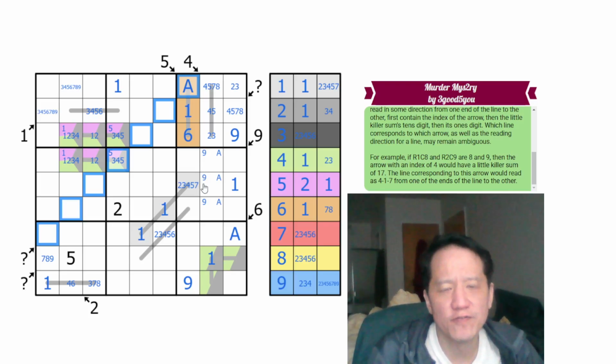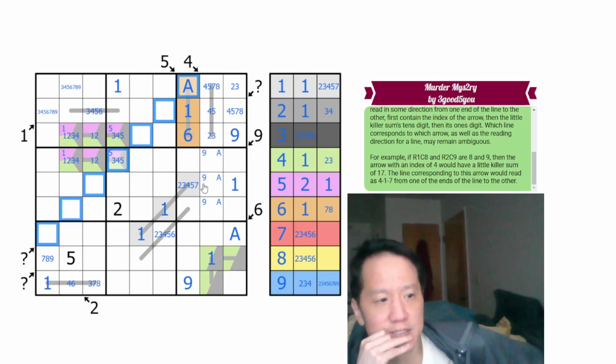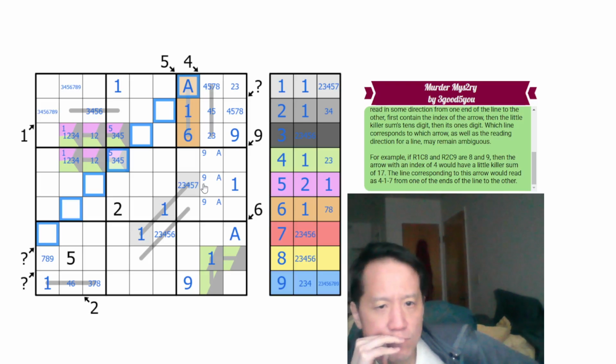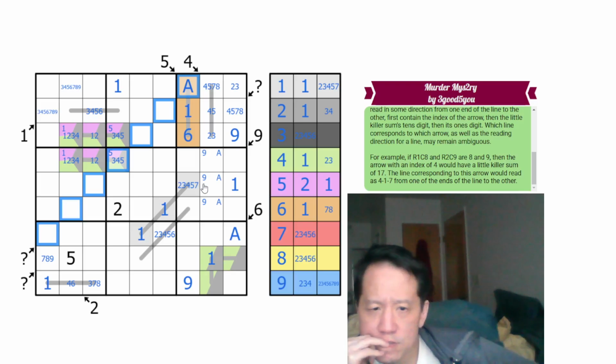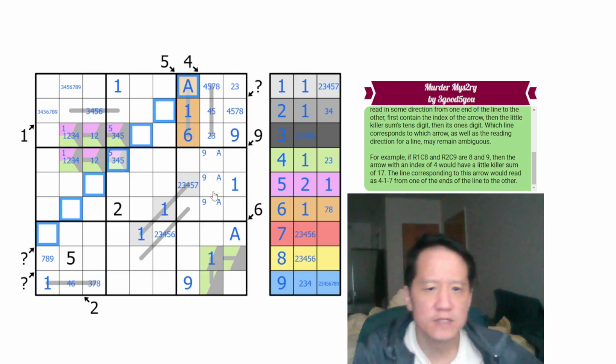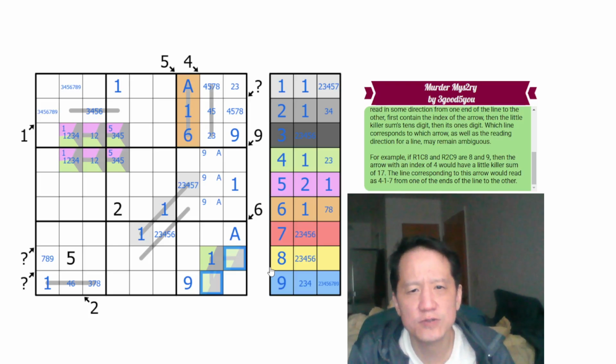Well, we know we have a 4 and a 5 and a 4 and a 6 as the tens digit. This also has to be, interestingly enough, 2, 3, and 4 on the outside here.